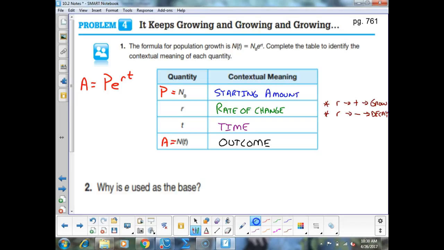So, if this were a population problem, why do we use E as the base in a population problem? Talk to me. Maybe because it stays the same. It does not stay the same all the time. Because E represents continuous growth.